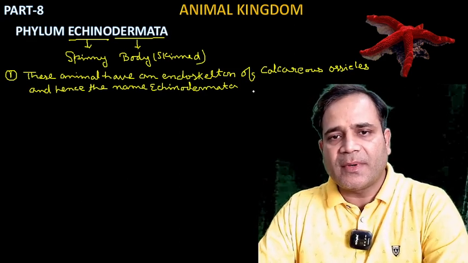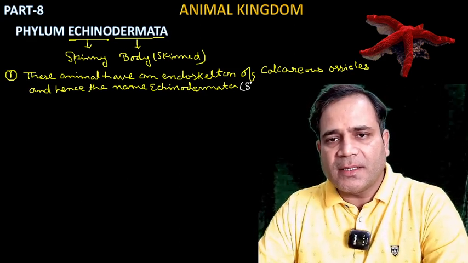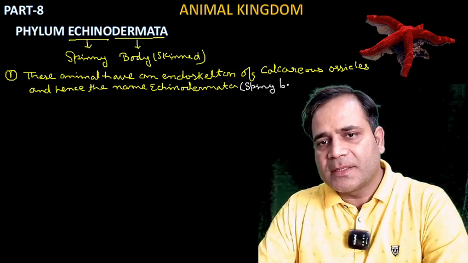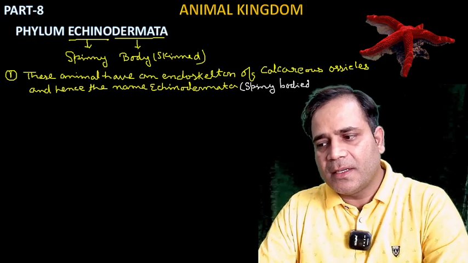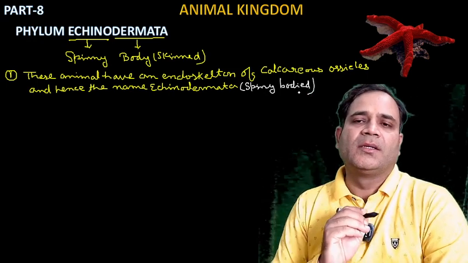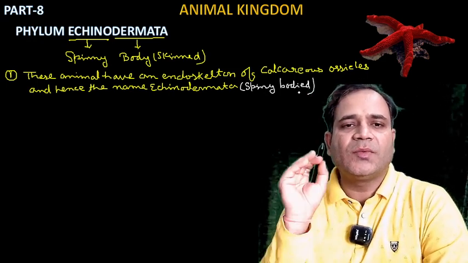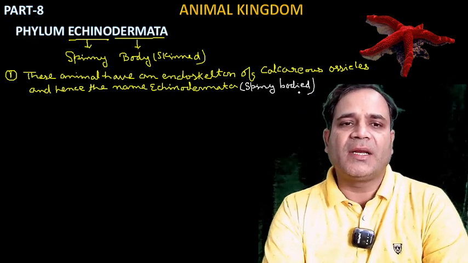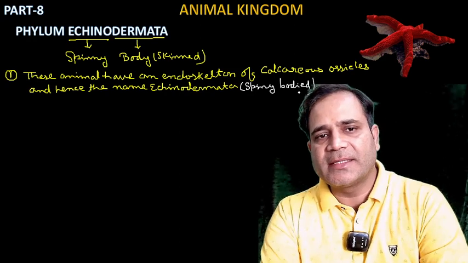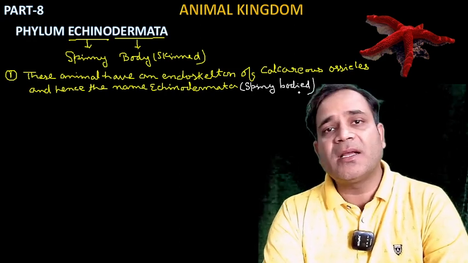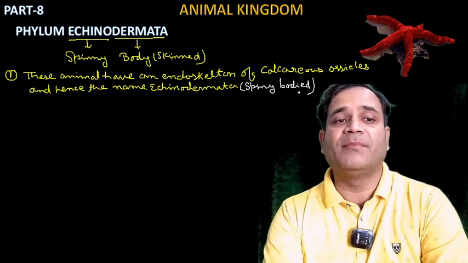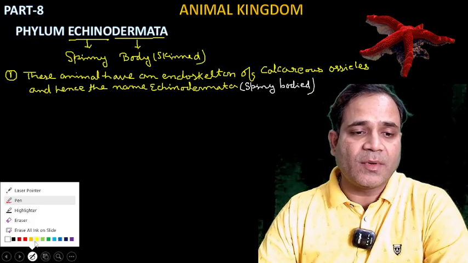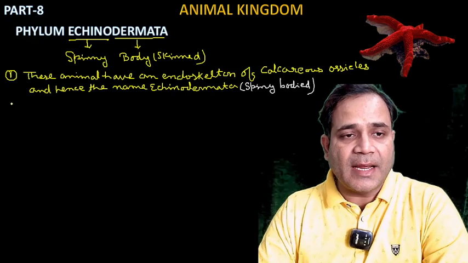That's why I'm writing in brackets, spiny bodied, my dear. So this first point is clear. The organisms which have an endoskeleton of calcareous ossicles, hence the name Echinodermata, spiny bodied.